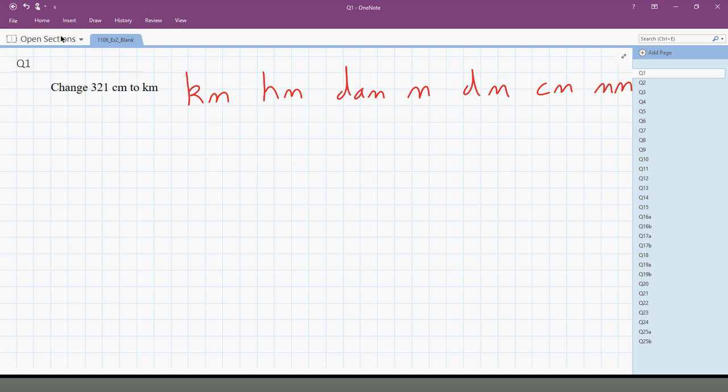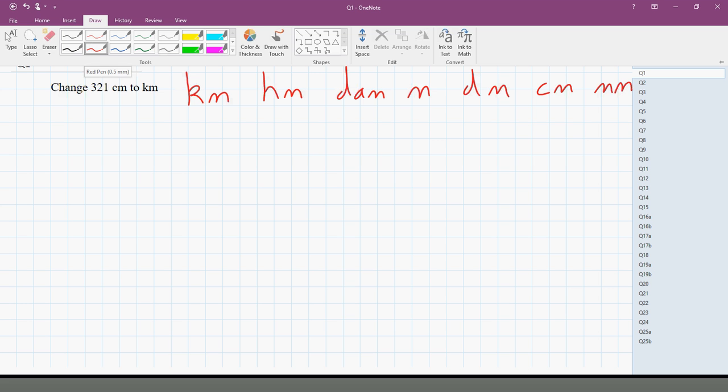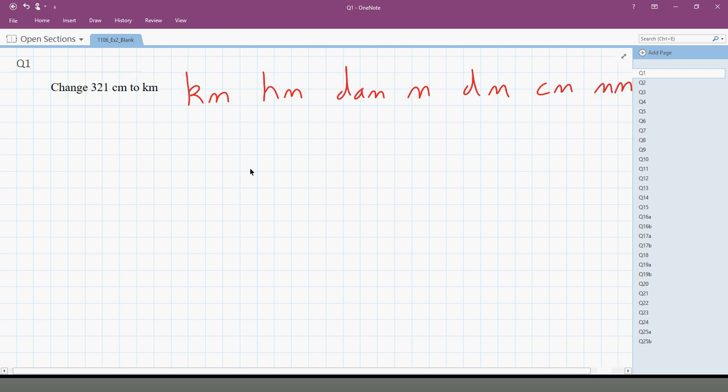So when we are moving and changing from one measure to another, if we start large and move to the right, we multiply. Good. You got it. So when you move to the right, we'll multiply by 10.